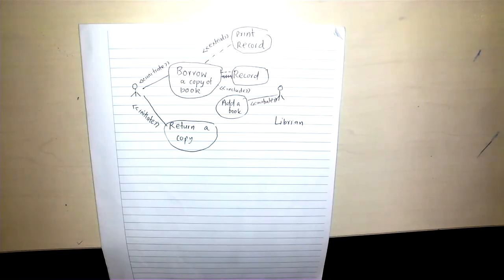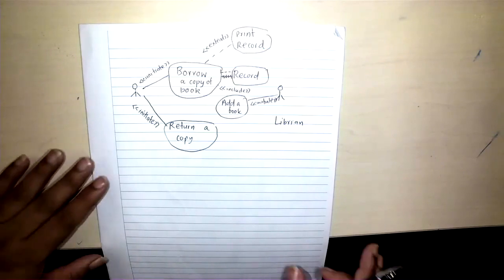But in the second scenario, the print record is optional, the base use case is still capable of independent existence without that, so that is indicated with an extend stereotype. Okay? Is that clear? So that's how you draw it. This is a very, very simple, trivial use case diagram, but that's adequate for our purposes.